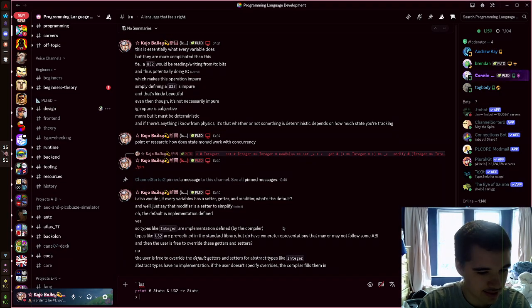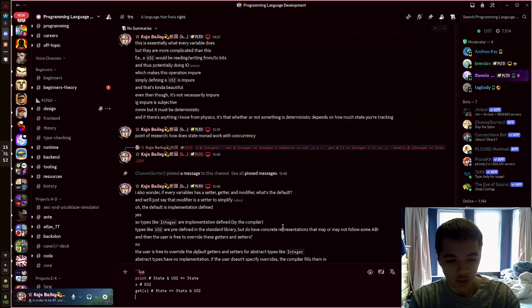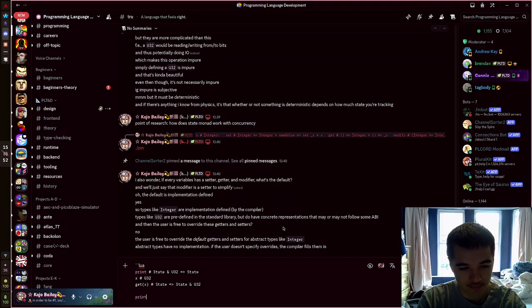And then I have x, which is simply a variable. But then I have get x, which is a function from a state to a state and also a u32, because we've passed an x, so it resolves that, and then it returns a state again. What happens if I compose print dot get x?